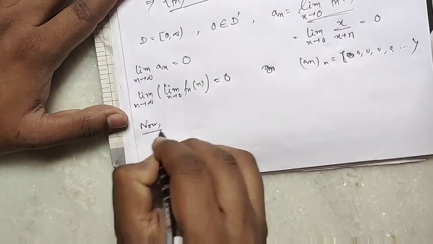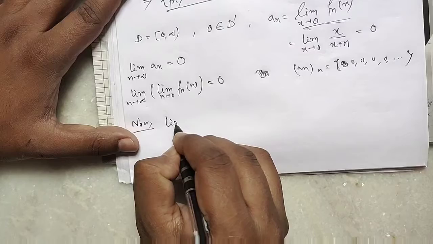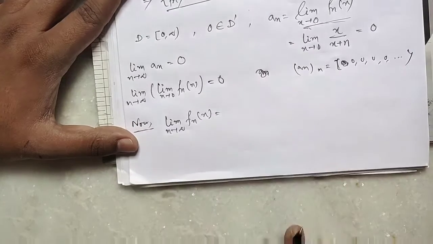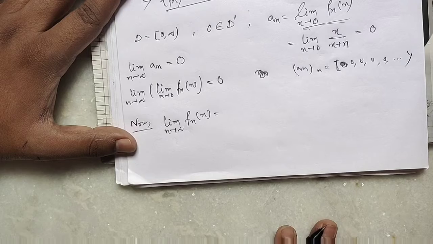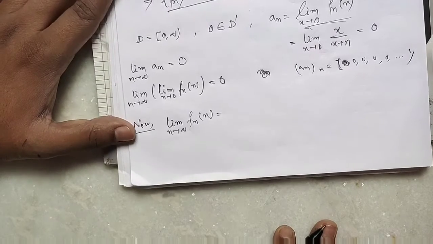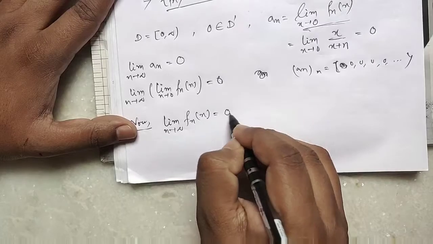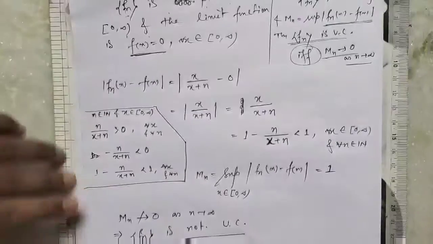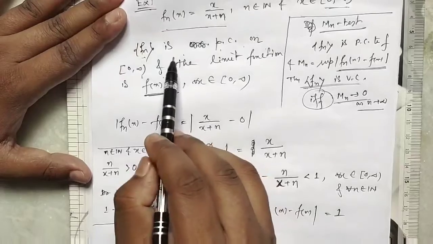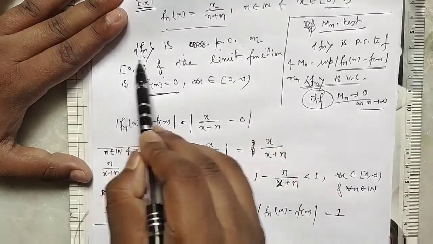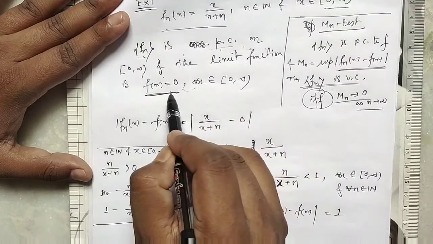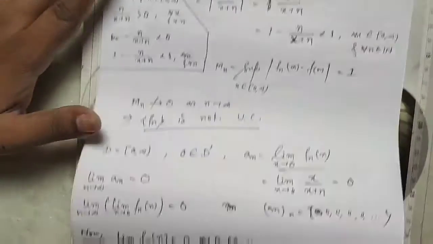Now the limit as n tends to infinity of fn(x) is 0 for all x belongs to 0 to infinity, because for every x the sequence of functions is pointwise convergent and converges to 0.